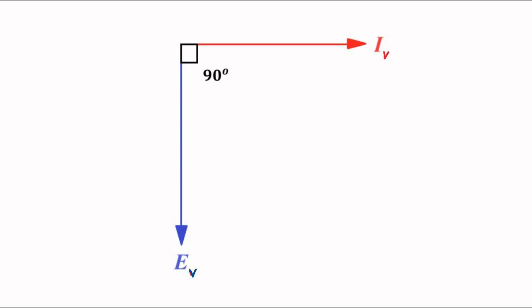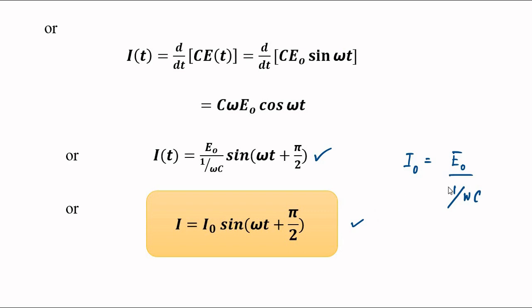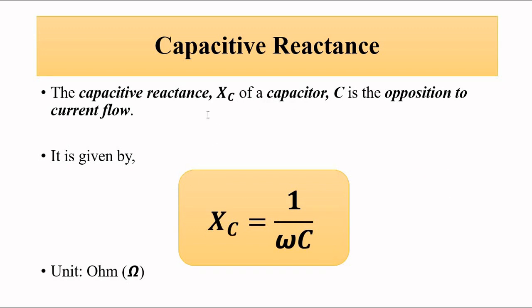So this factor, 1/omega C, is very important. This 1/omega C is what is called the capacitive reactance.